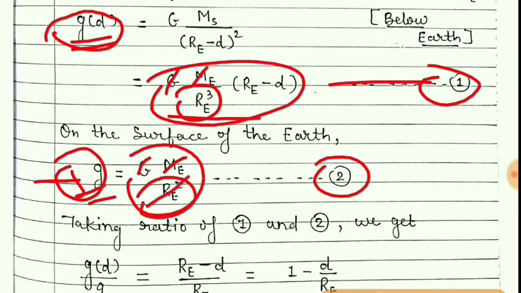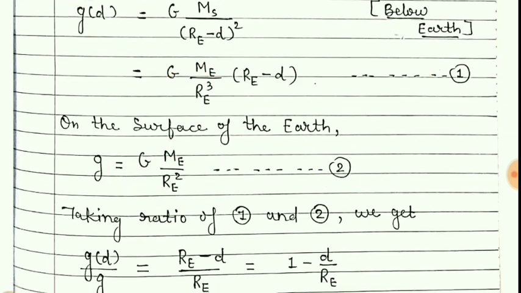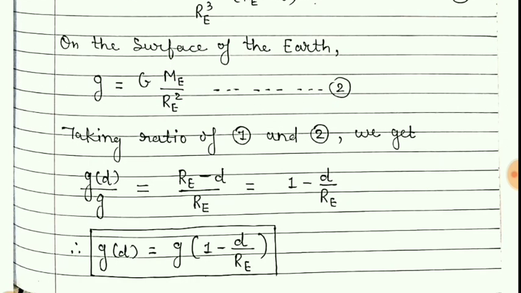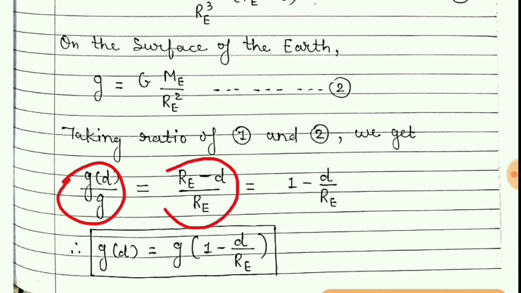So this R_e squared will cancel, and of the cube, but one R_e will remain. So on the right-hand side, R_e minus d upon R_e is remaining. So do the paperwork for this, and you will get g_d upon g is equal to R_e minus d upon R_e.